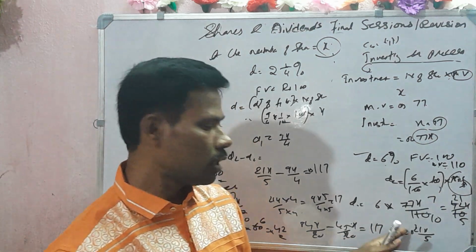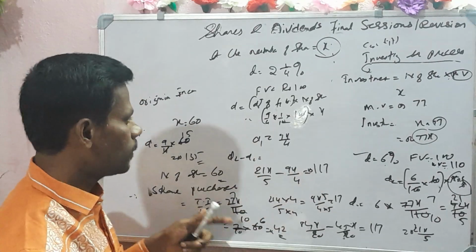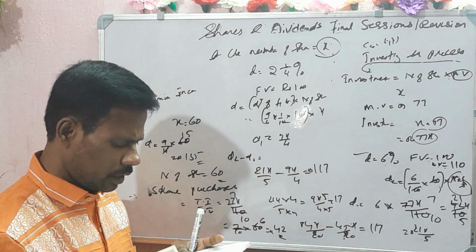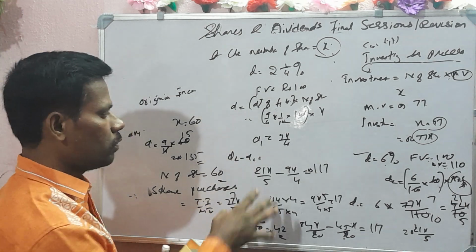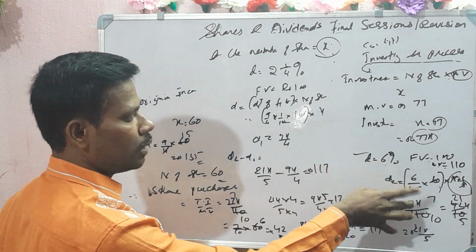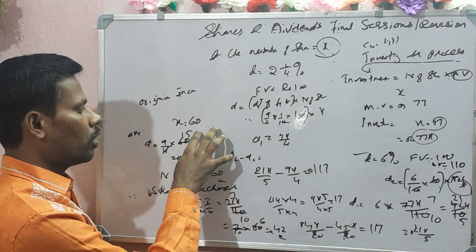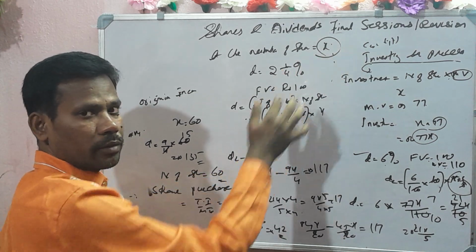So I calculated the dividend D2, that is 21x by 5. Next, what they are asking, I differentiate. He is saying that a person increased his income. There is some difference between the dividends D1 and D2, that is 117. I calculated the value, so I got the value of X. So that means number of shares are X.